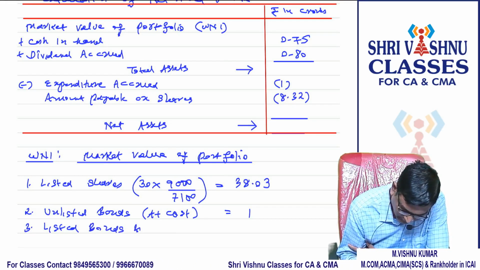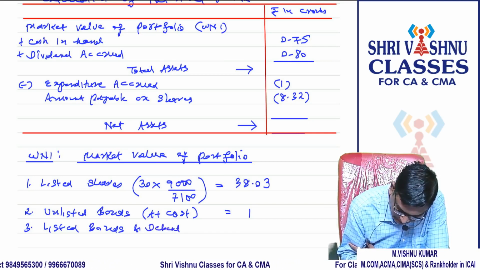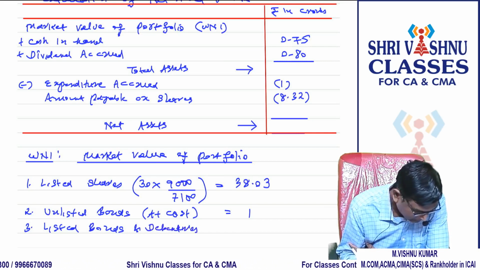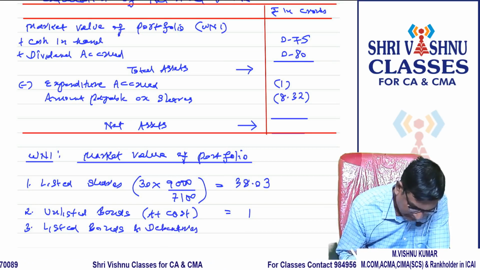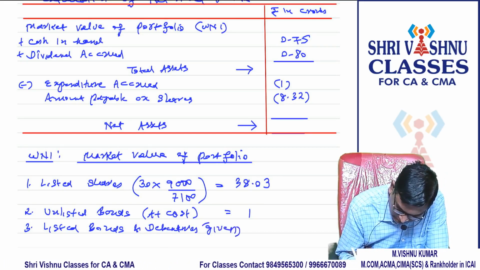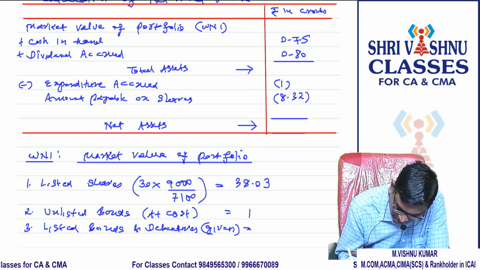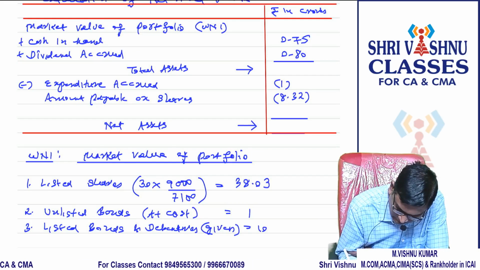Listed bonds and debentures. Value is already given. Given value 10.